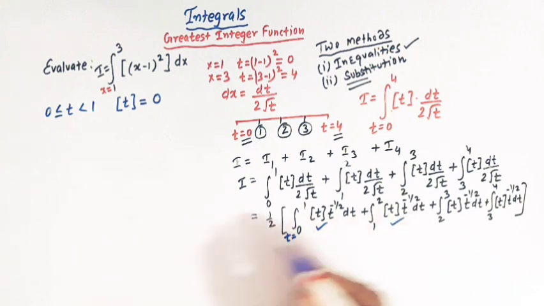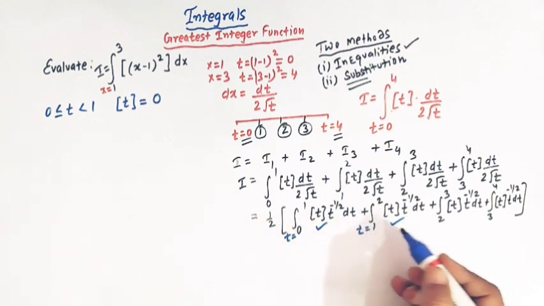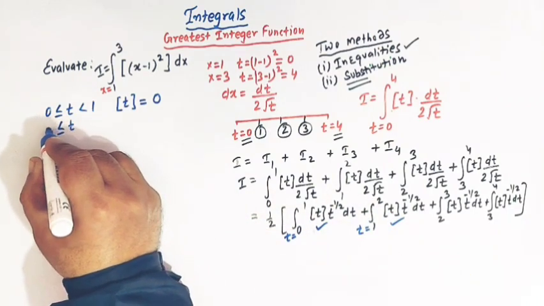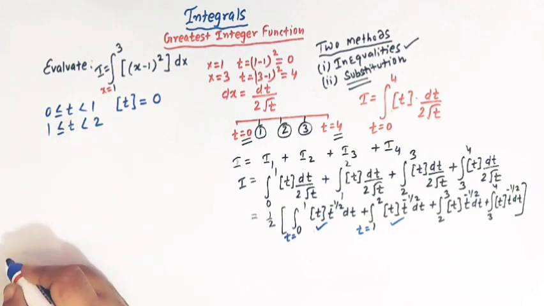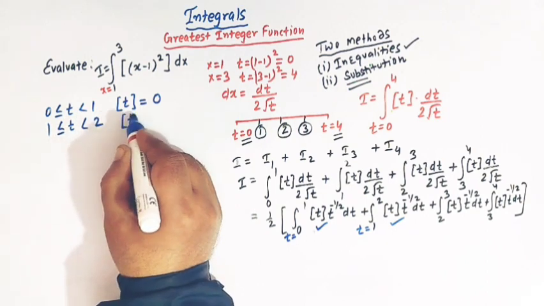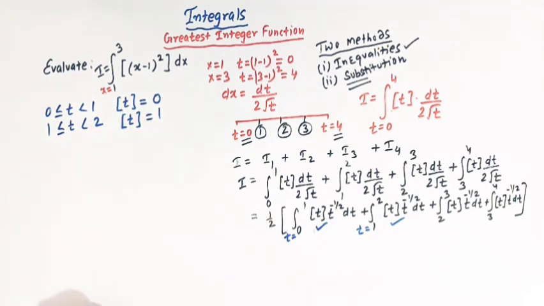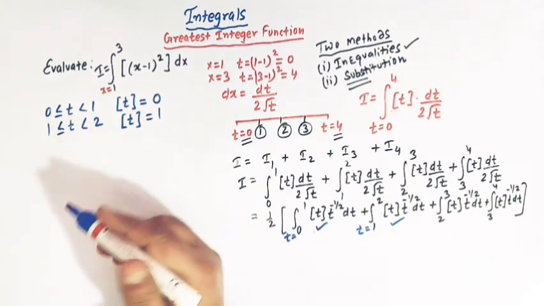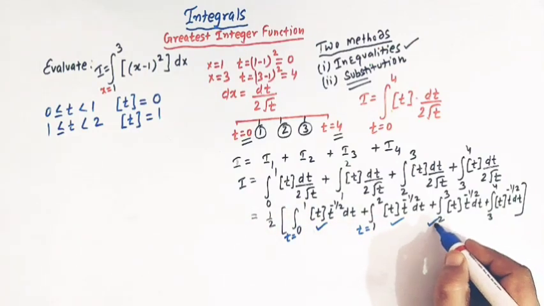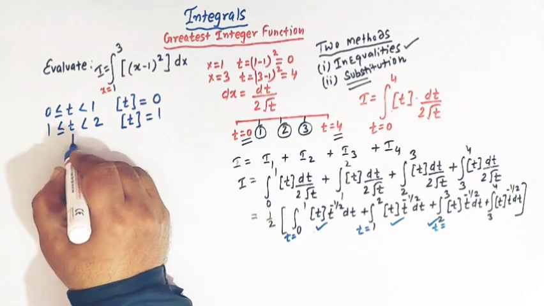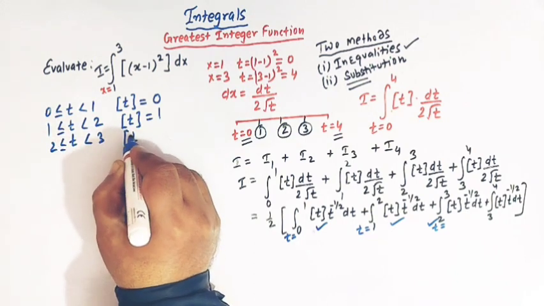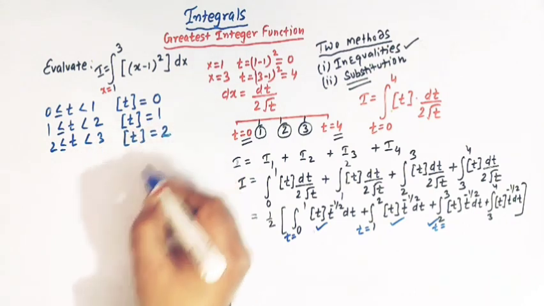Now in the second integral, see the value of t goes from 1 to 2. So t lies between 1 and 2. So when t lies between 1 and 2, then the greatest integer of t should be equal to 1, again by definition of greatest integer function. And in the third integral, t goes from 2 to 3, so the greatest integer of t should be equal to 2.